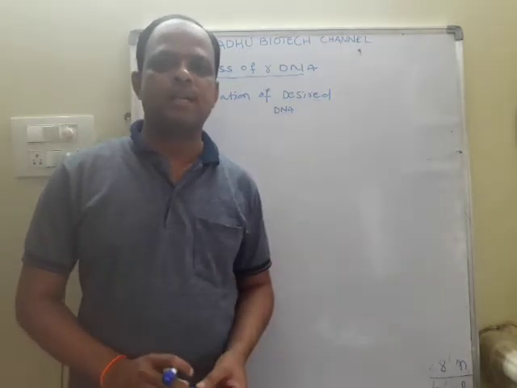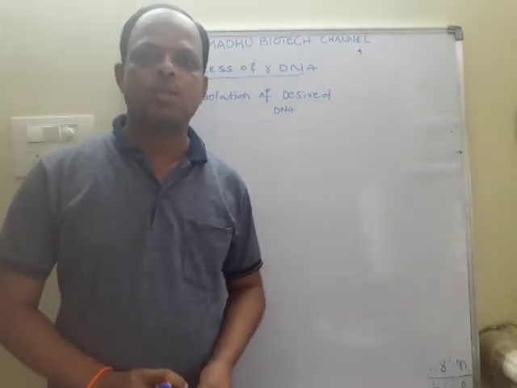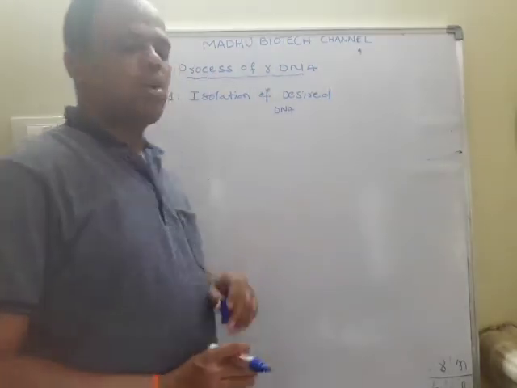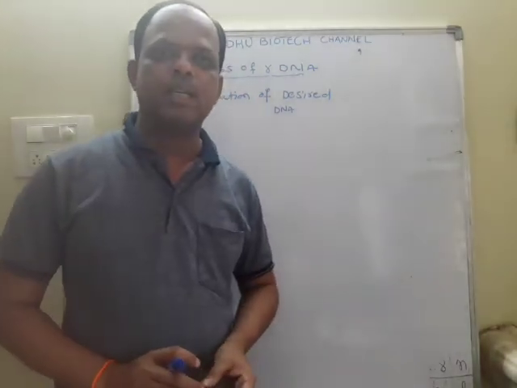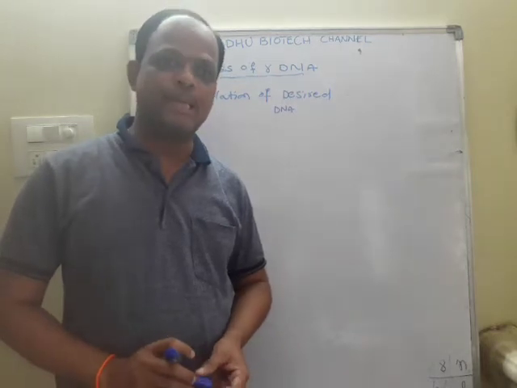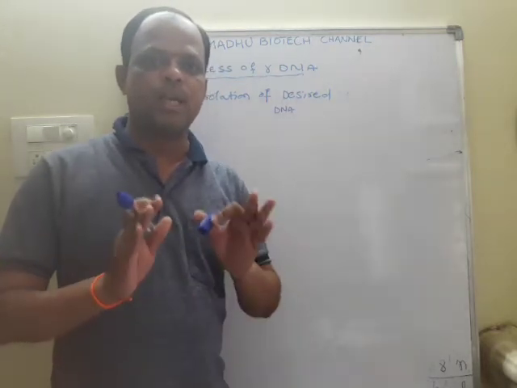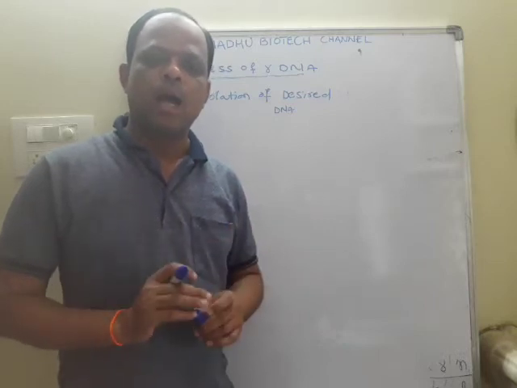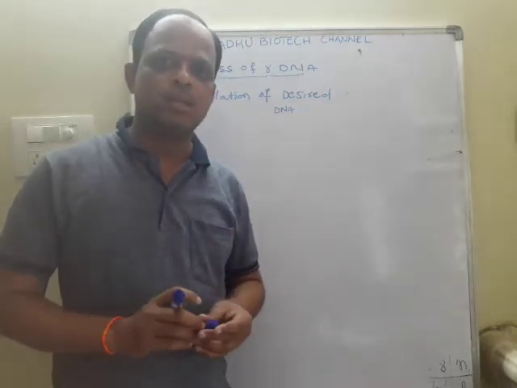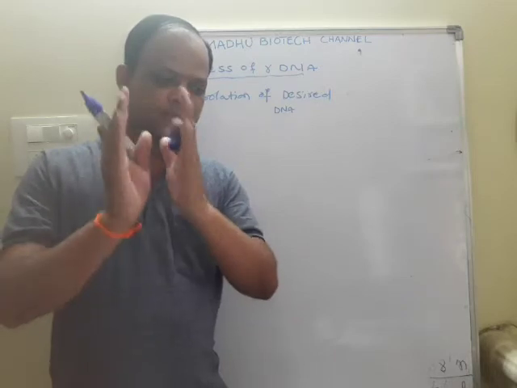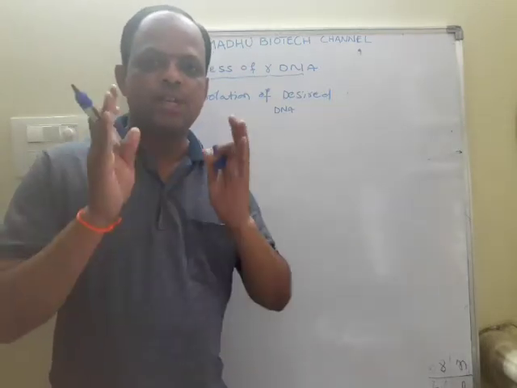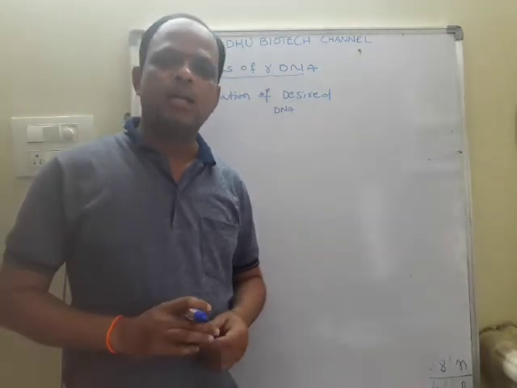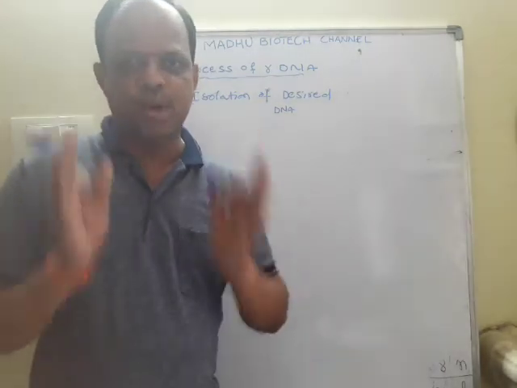Okay, so today we are discussing the process of rDNA technology. This rDNA technology contains several steps. Some of the important steps we are discussing today: the first step is isolation of the desired gene, cleavage of DNA into a number of fragments, and isolation of a suitable vector.